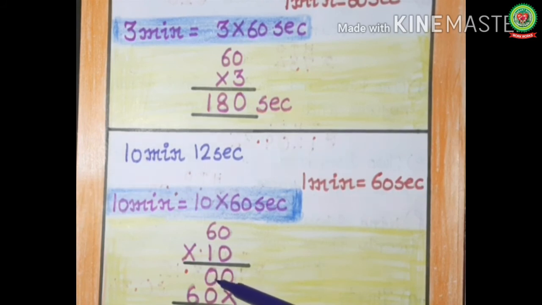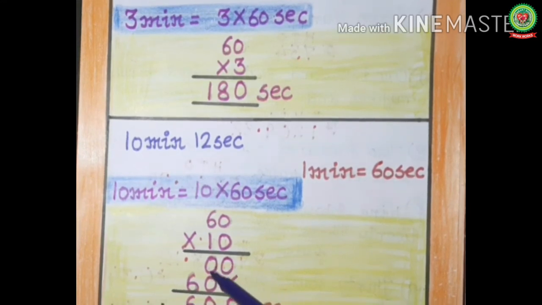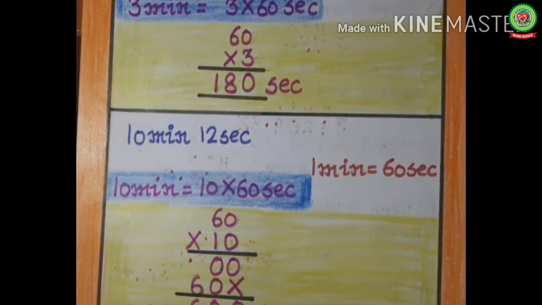Because it is double multiply, we will put one cross sign here. Now let's multiply with 1. 1 zero is 0. 1 six is 6. Next step is addition. 0 plus 0 is 0 and this 6. So that means students, in 10 minutes there are 600 seconds.